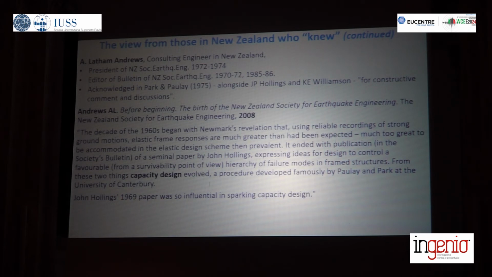The paper by Andrews, which goes through the history of the Society of Earthquake Engineering in New Zealand, says that the decade of the 1960s was marked by two events.